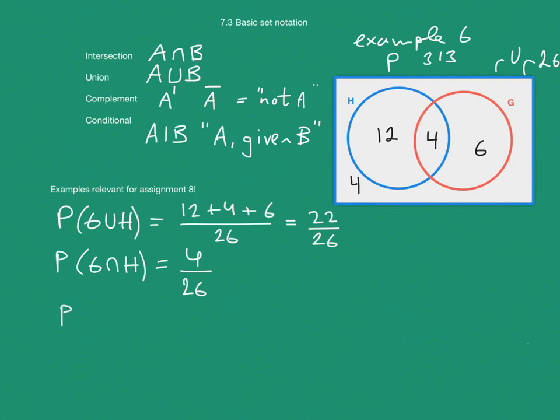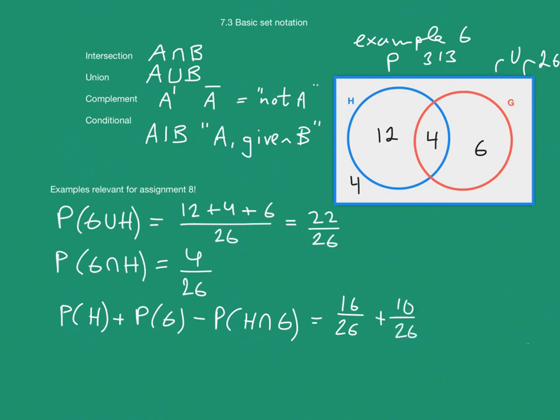And finally, the probability of H plus the probability of G minus the probability of the intersection of H and G equals 16 over 26 plus 10 over 26 minus 4 over 26, which is going to be 22 over 26.